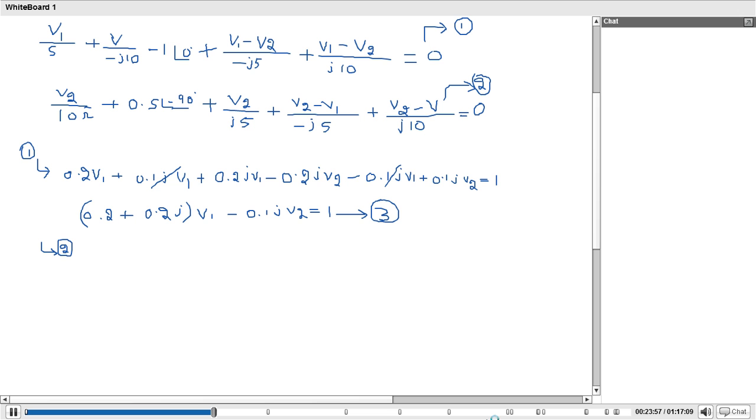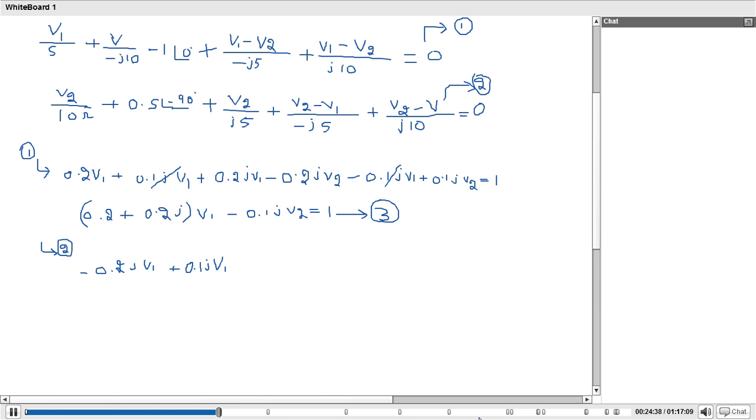So wherever V1 terms are there, minus 1 by j is plus j, and minus 1 by 5, 0.2. So I am writing first V1 terms. So minus 0.2 j V1, and here V2 minus V1 by j10 is there. So anyway minus 1 by j plus j. So plus 0.1 j V1. So V1 terms are over.